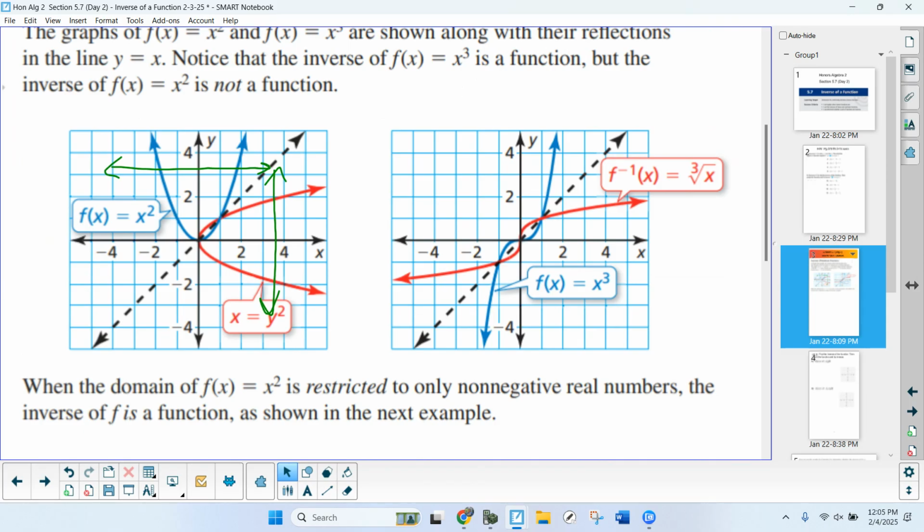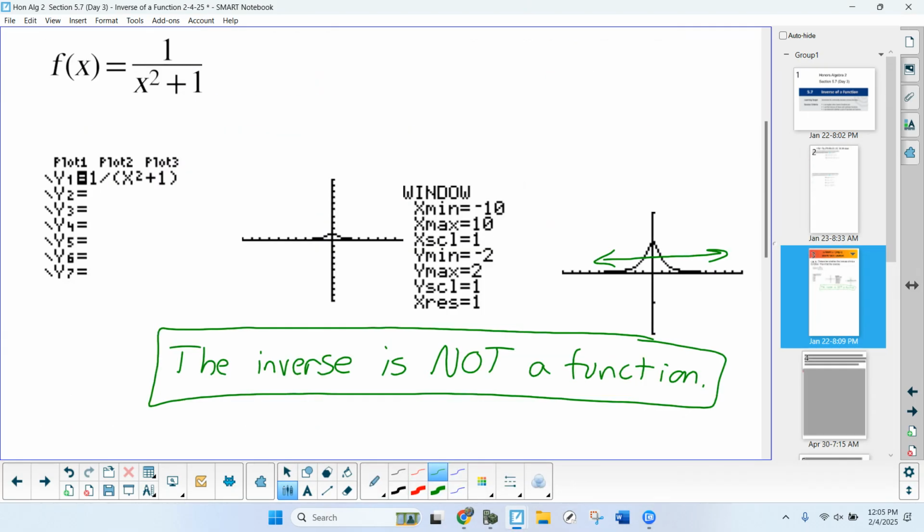Okay. Right here. We said if the original graph does not pass the horizontal line test, that means the inverse will not pass the vertical line test. Does that make sense? This was from yesterday's notes.